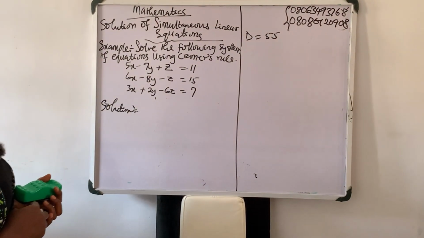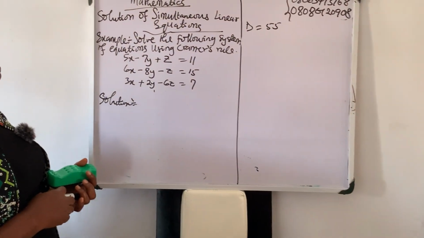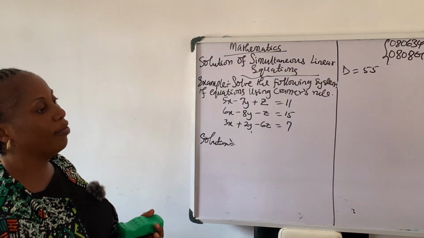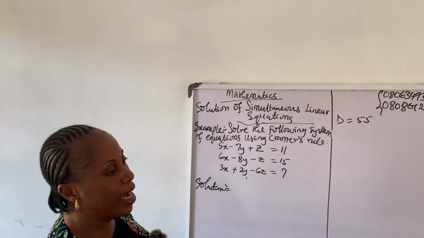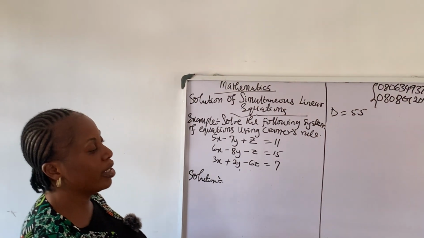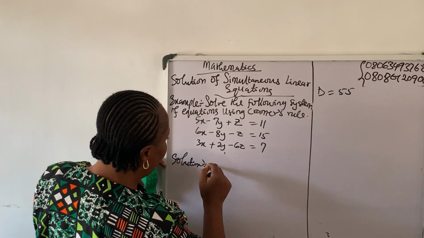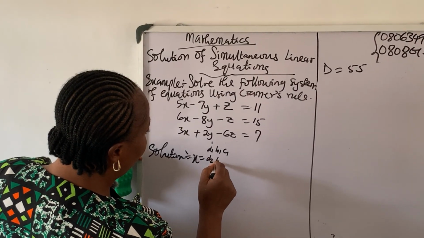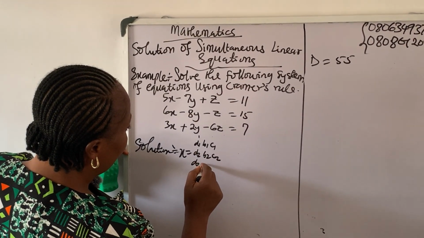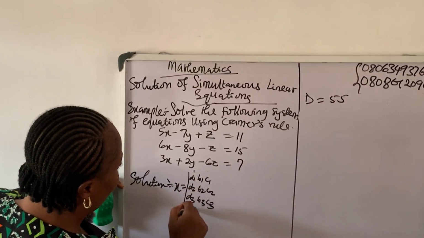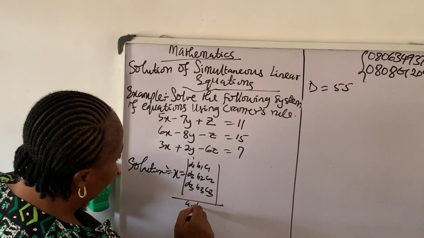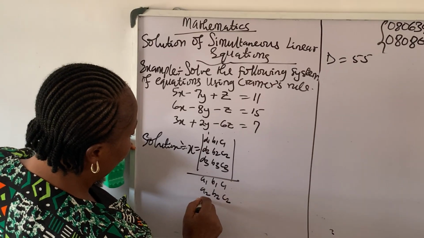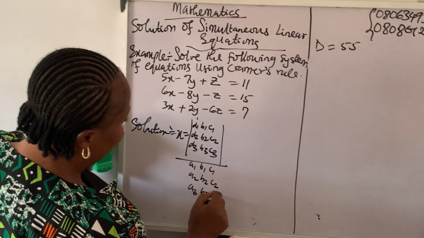Recall that we were told that for our x, it is D1, B1, C1, D2, B2, C2, D3, B3, C3, all over A1, B1, C1, A2, B2, C2, A3, B3, C3.